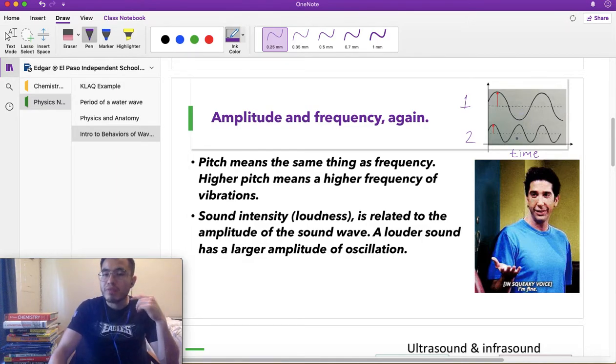Thus, wave 2 has a higher frequency than wave 1. What does that mean in terms of sound? That means wave 2 will have a higher pitch than wave 1.